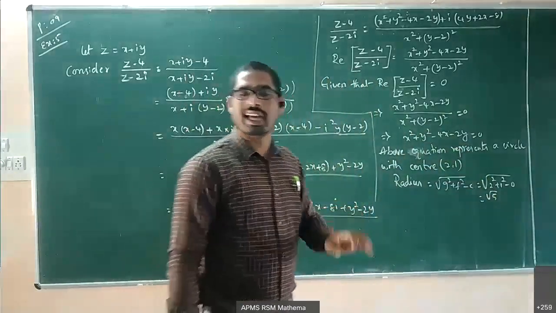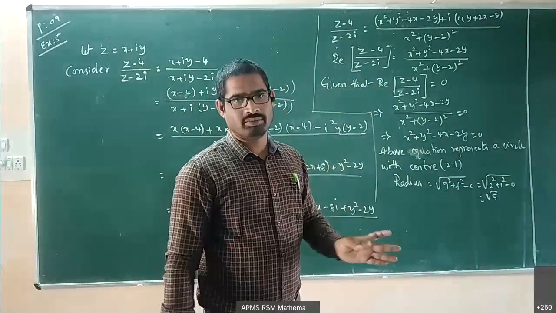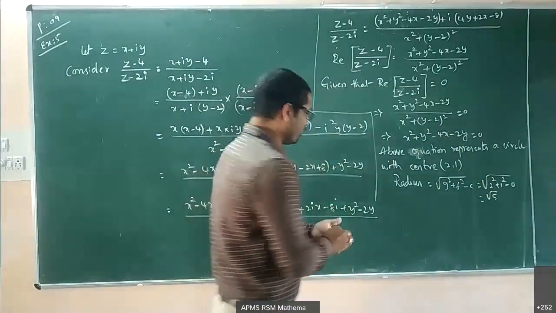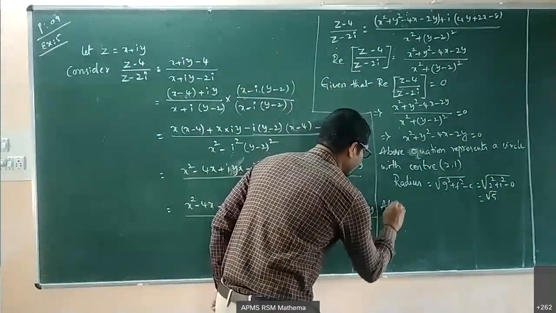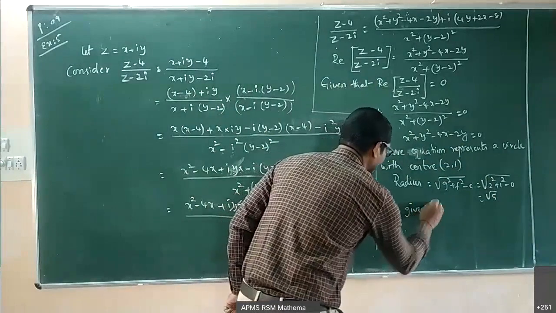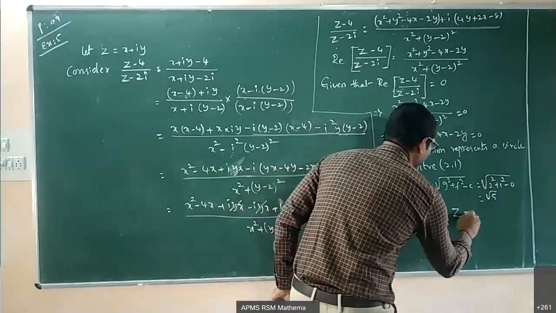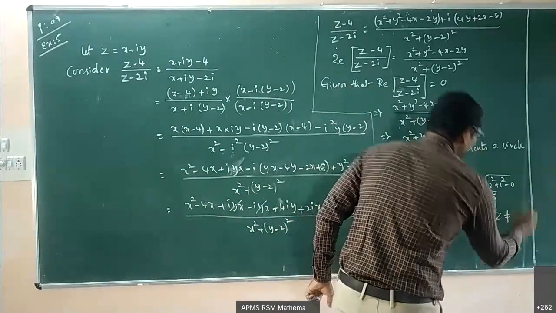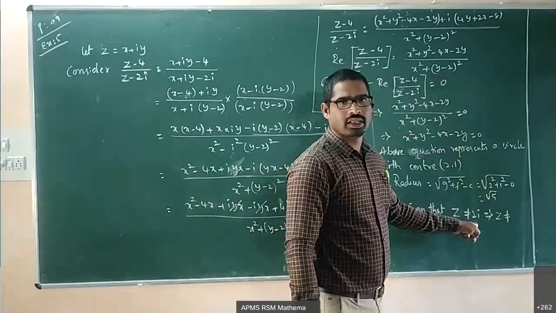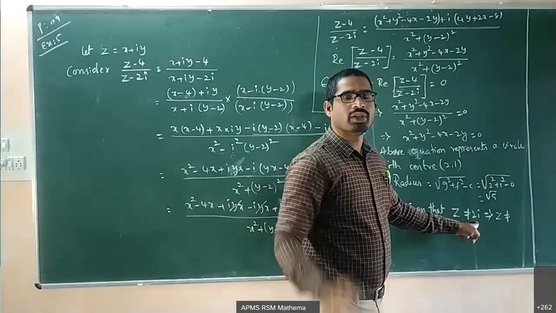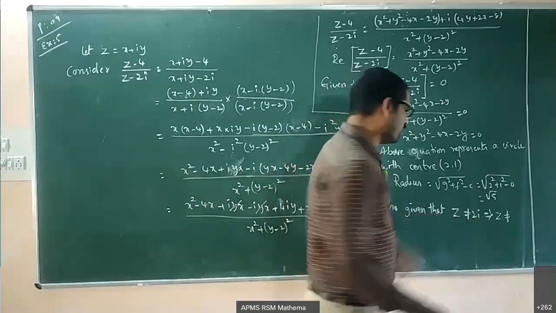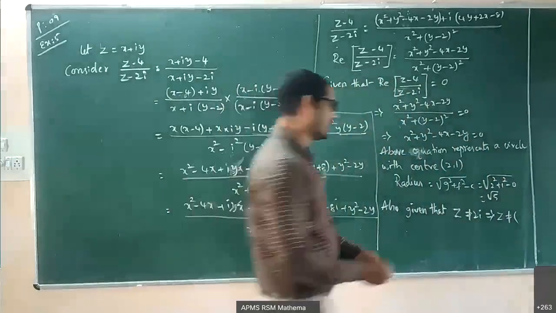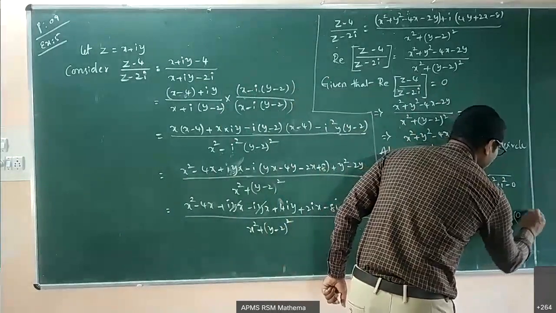One more condition is given: Z cannot be 2i. Z cannot be 2i, which implies, if we convert this x plus iy form into the coordinate form, since here the real part is missing, we get 0 and 2.